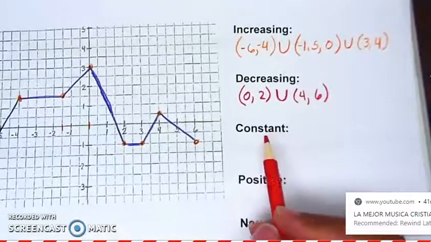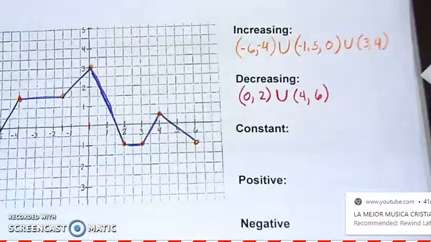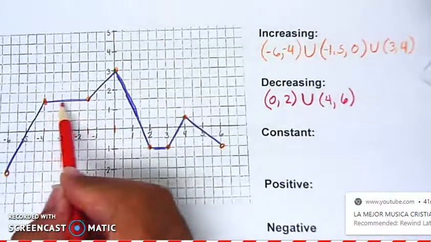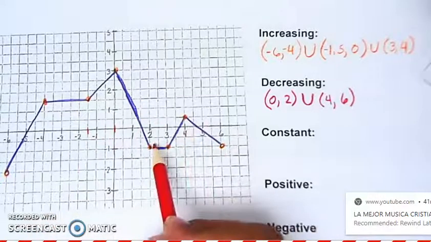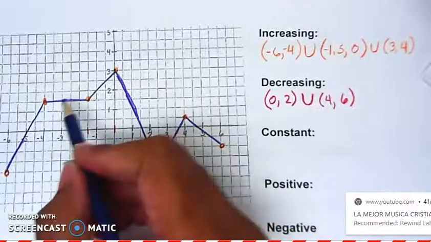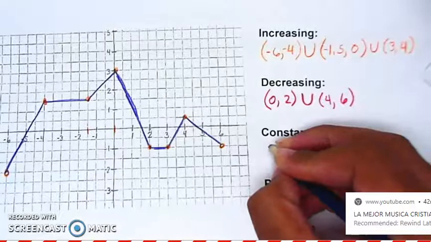All right, so let's look at places where it's constant, where it's flat. Again, constant means flat. All right, so coming across here, this is the place where it's flat, and this is another place where it's flat. So here, going from -4 to -1.5.